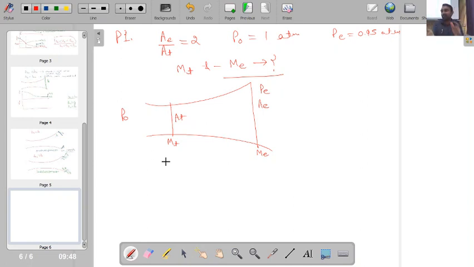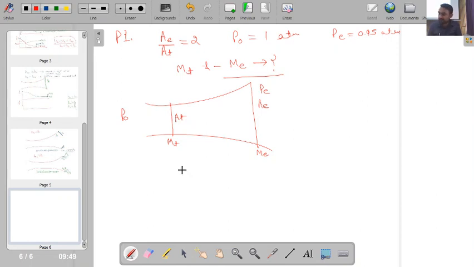Which out of these three situations we will be having, that first we have to identify. So for identifying that, what we have to do? We have to determine pressures PE3 and PE0. PE0 is the pressure which is required to maintain isentropic subsonic-supersonic flow, and PE3 is the one which is giving purely subsonic flow. Okay, so let's first try to find out the pressure ratio.